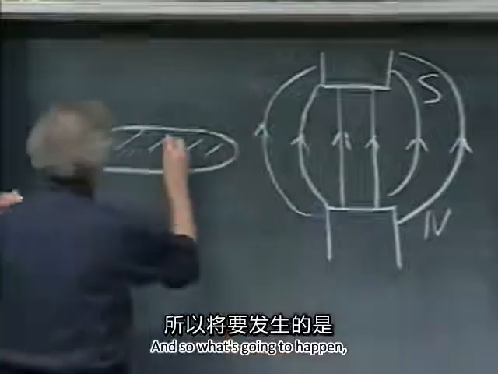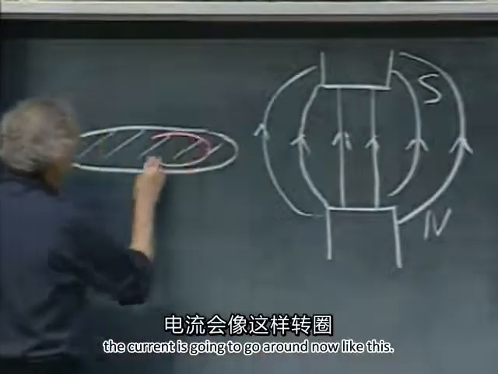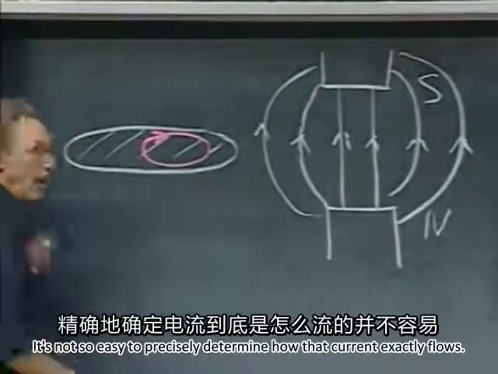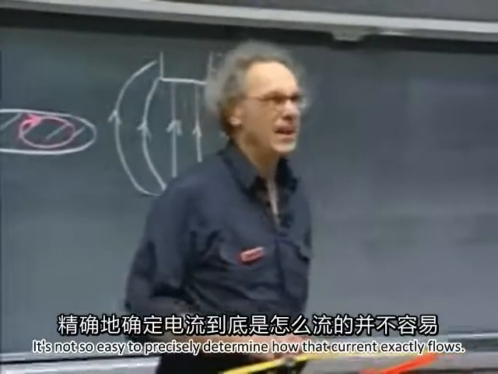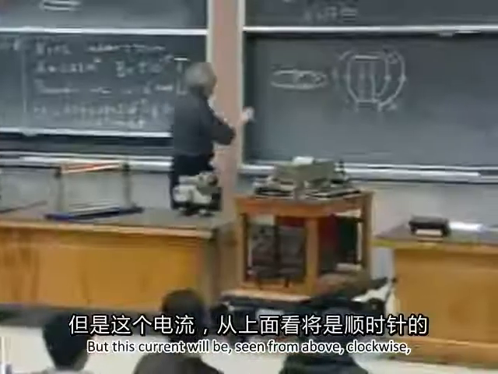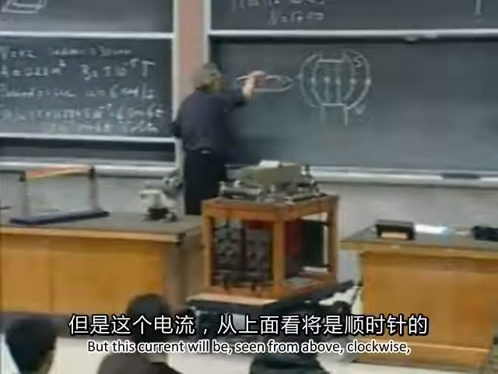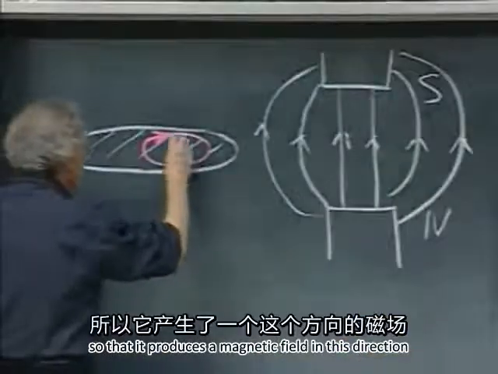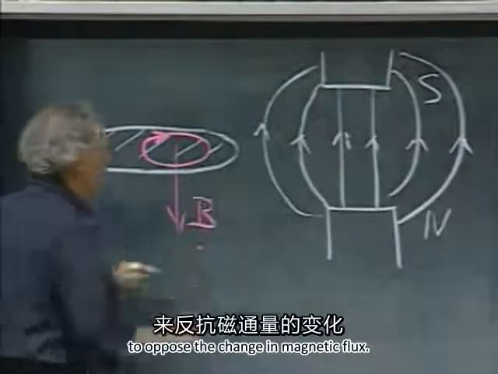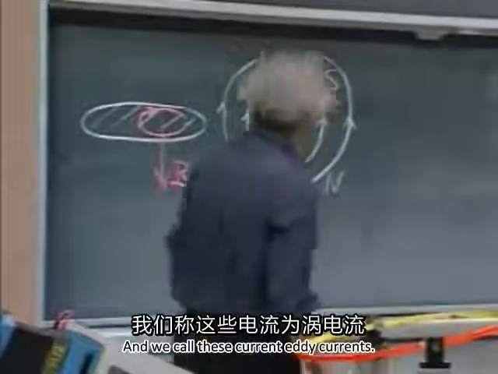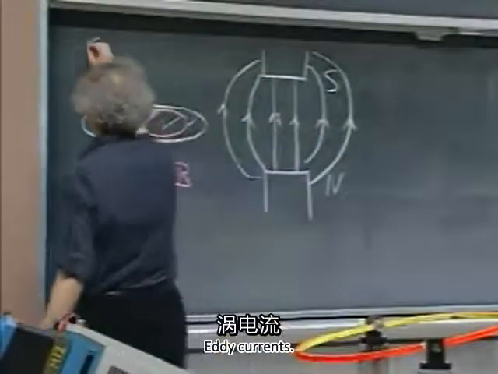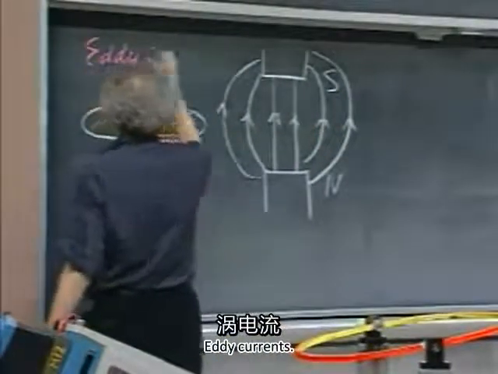And so what's going to happen, a current is going to go around now like this. It's not so easy to precisely determine how that current exactly flows. But this current will be seen from above clockwise, so that it produces a magnetic field in this direction to oppose the change in magnetic flux. And we call these currents eddy currents.